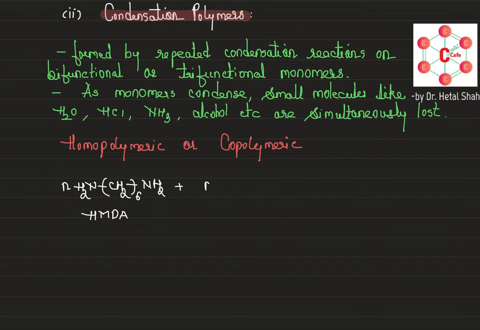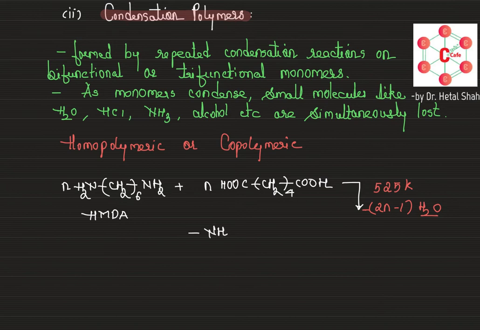And you take N molecules of adipic acid, the same molecule, and now when you allow them to undergo condensation or polymerization, I can give you that there'd be like 500, and the reaction takes place at about 525 kelvins, and 2n minus 1 water molecules are lost. So minus 2n minus 1 water molecules, and this is going to give me nylon 6,6.